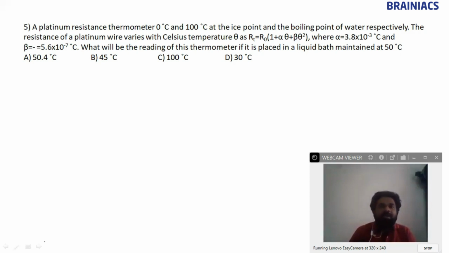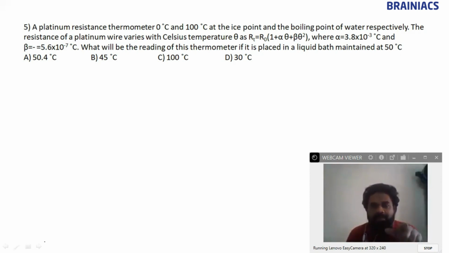What will be the reading of this thermometer if it is placed in a liquid bath maintained at 50 degrees Celsius? What will be the reading of the thermometer? When we keep the thermometer inside 50 degrees Celsius, if the thermometer is accurate, it should give 50 degrees Celsius itself.